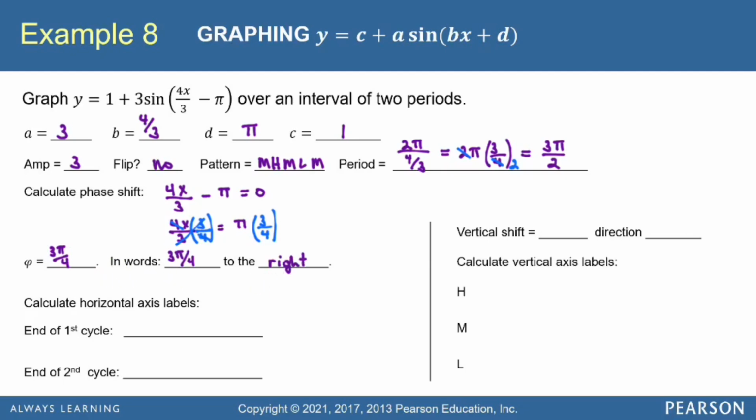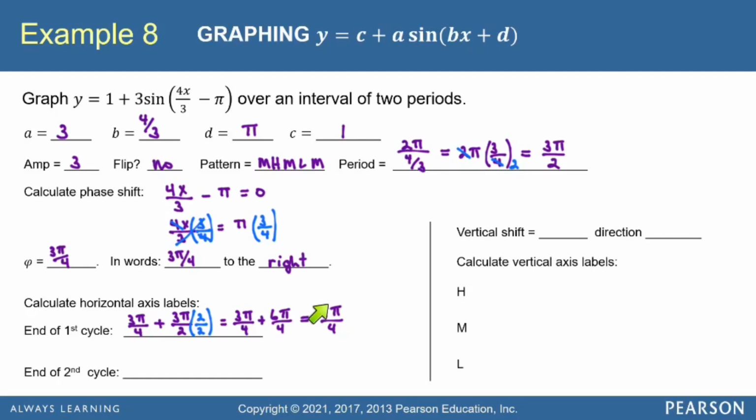Okay, now let's calculate the labels that go on the horizontal axis. So as always, it's starting point plus period equals ending point. Our starting point for the first cycle is the phase shift. And then we want to add a period to that, so we're adding 3 pi over 2. Of course, we need a common denominator here, so if I multiply this period by 2 over 2, we'll have 3 pi over 4 plus 6 pi over 4, and together that makes 9 pi over 4.